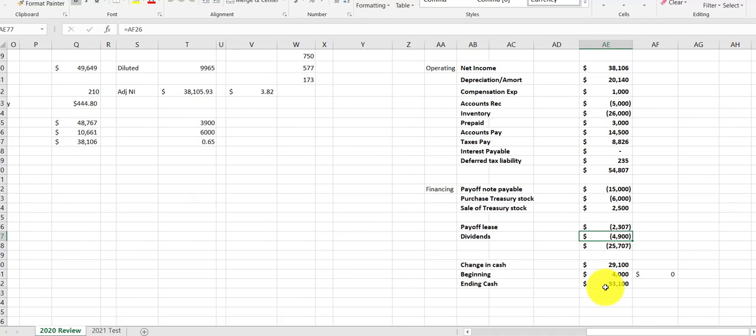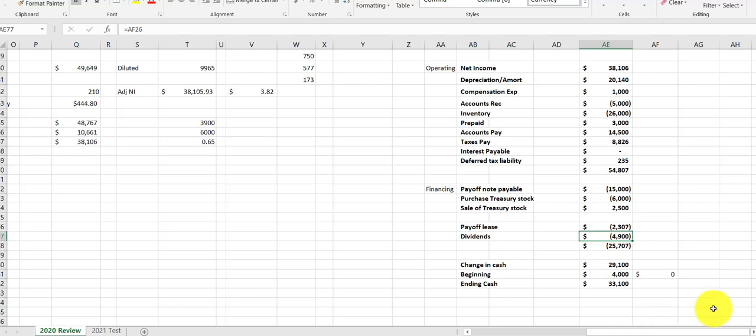So that's 2020. Your test 3 is going to be doing the next year. So anything that still exists needs to be considered in the new year, besides the new transactions, the new sales, that sort of thing.